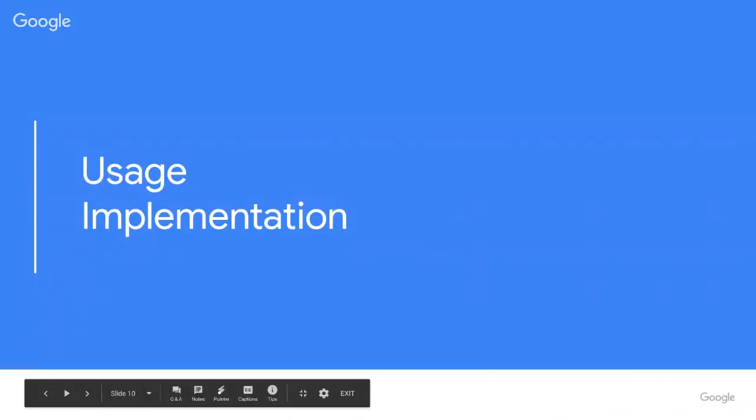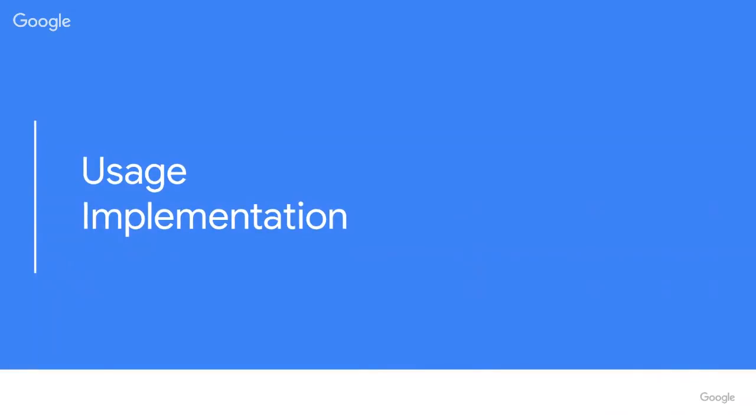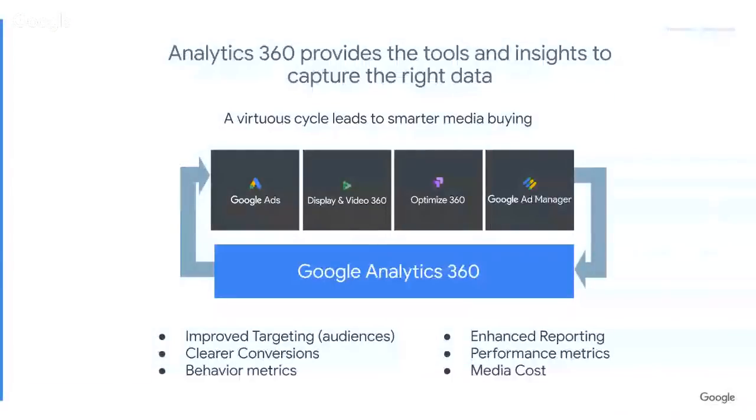So the next topic we wanted to cover would be usage implementation. Analytics 360 provides the tools and insights to capture the right data. And one of the key benefits of Google Analytics 360 would be to be able to link it to the different media products. It's a virtuous cycle that leads to smarter media buying.